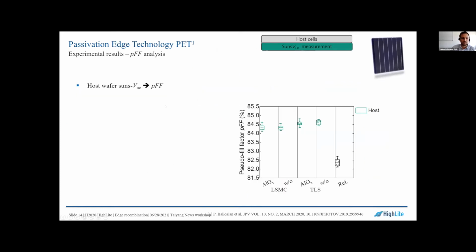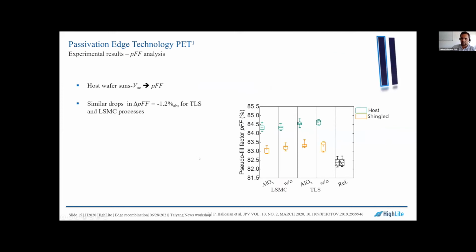In the beginning, you have the host wafer SUNS-VOC, and it also comes with a reference measurement where we do nothing and just measure always. By looking at this measurement, you see whether we have any artifacts along with the measurement itself. Then we can separate the cells and measure them in the shingle state.